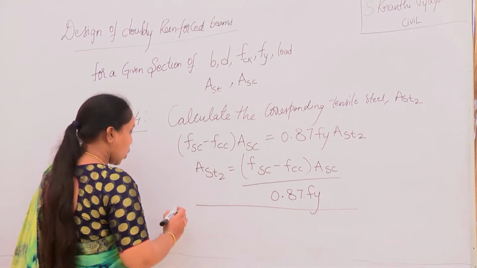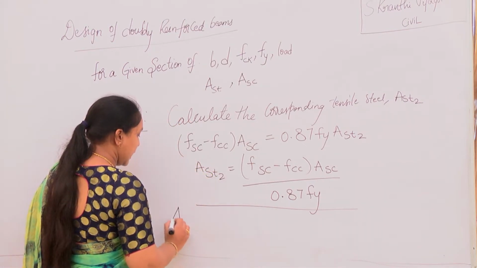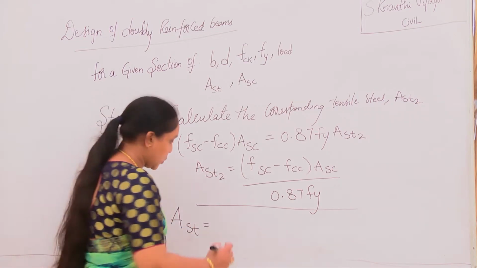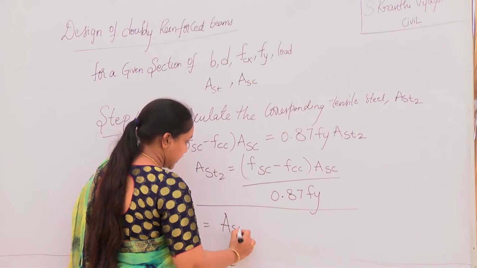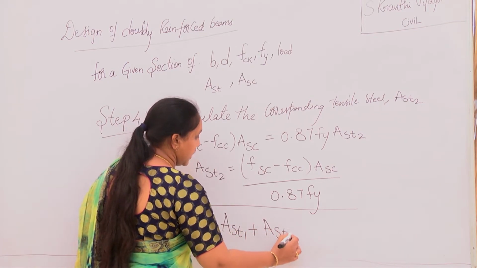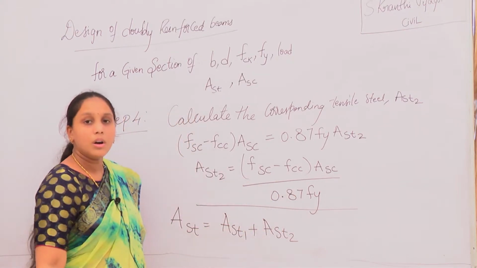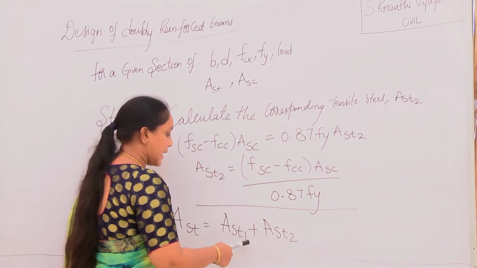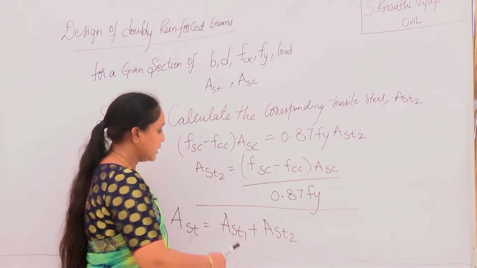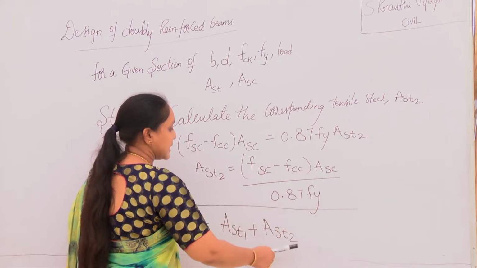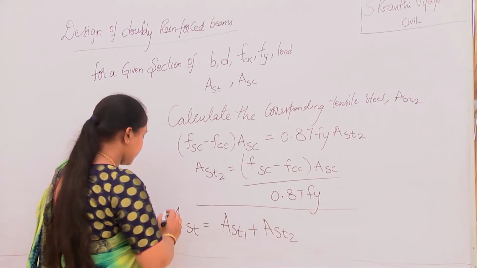Now what will be the total area of tensile steel? That is Ast will be equal to Ast1 plus Ast2. So the total area of the tensile steel can be calculated by adding the area of tensile steel 1 plus the area of tensile steel 2.